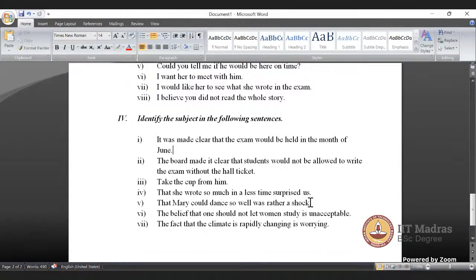It was made clear the exam would be held in the month of June. "It" is the subject of the sentence and it does not have any meaning. It doesn't refer to anything per se. It is a conceptual subject, or what we refer to as the grammatical subject in linguistics.